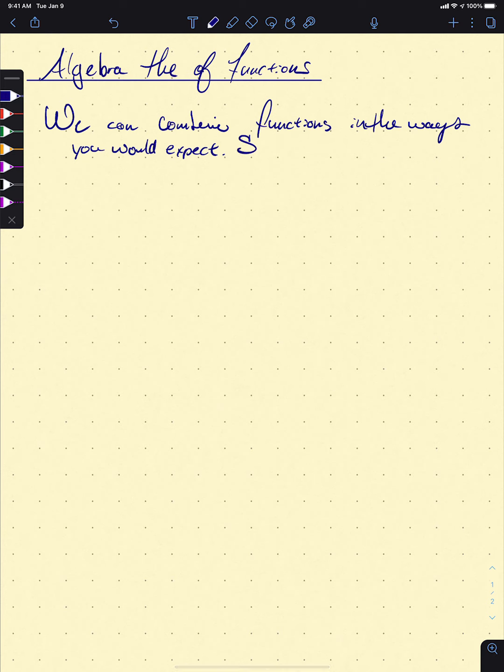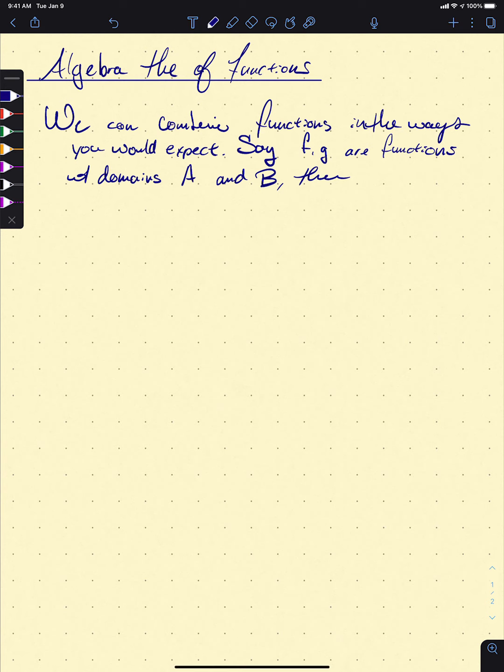Okay, so in order to do this, we'll say f and g are functions of the real numbers, and we'll say that they have domains A and B respectively. So how can we combine these? Well, as I said, they combine in the natural ways. So I guess we'll need A then here.